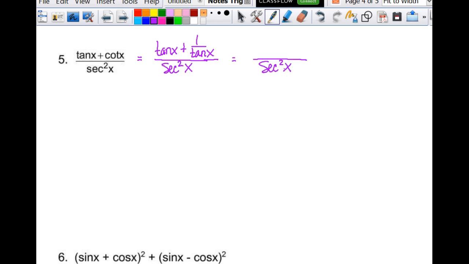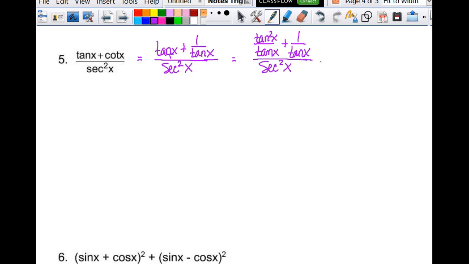But in the numerator, I'm going to get a common denominator, and it's going to be tangent of x. Well, this is like tangent of x over 1, right? So to change this to get a common denominator, what is it going to look like? Tangent squared x over tangent x plus 1 over tangent x.